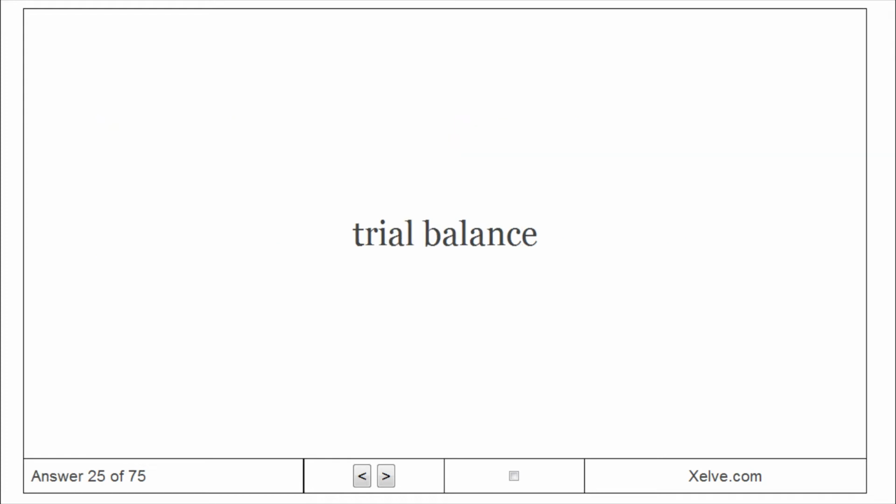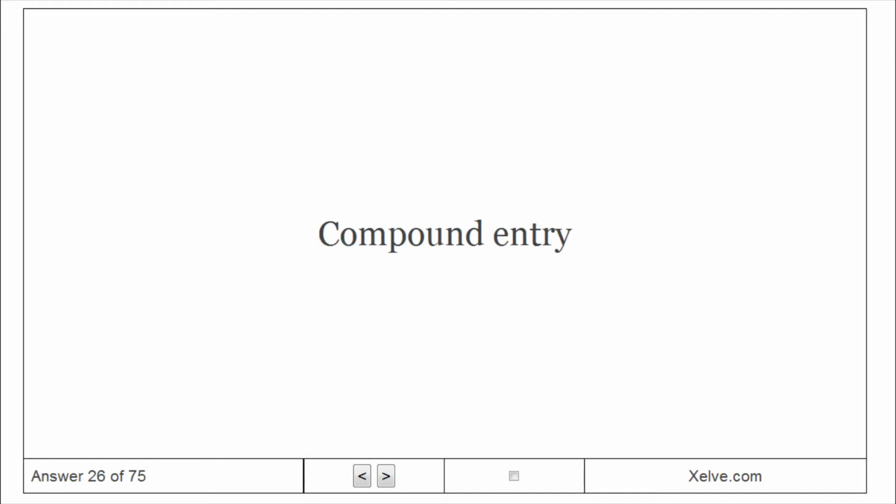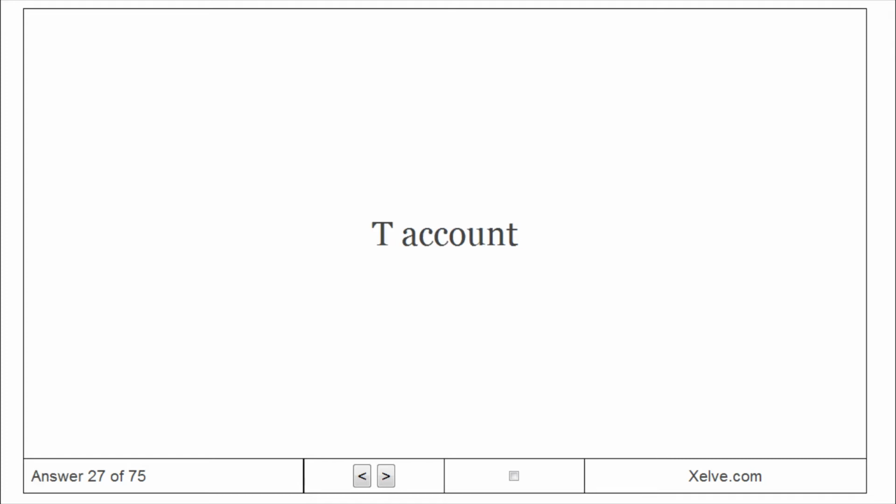Trial balance. A journal entry that involves 3 or more accounts. Compound entry. The basic form of an account. T account.